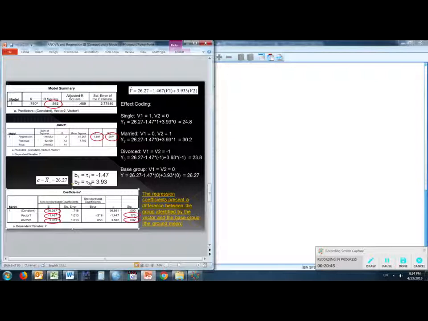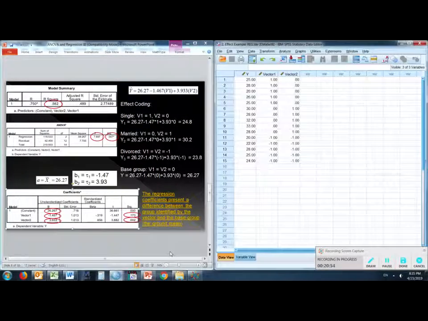If you want to know if the divorced group is significantly different from the general population, you have to code it differently. In other words, you can code the single group as -1, but you code this divorced group as 1 and 0. Then you will compare this divorced group with the general population.